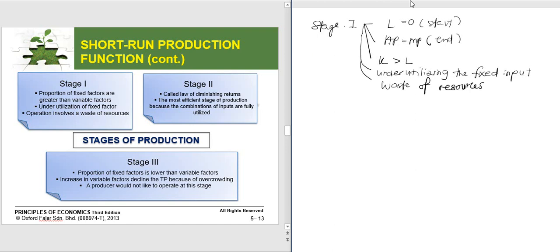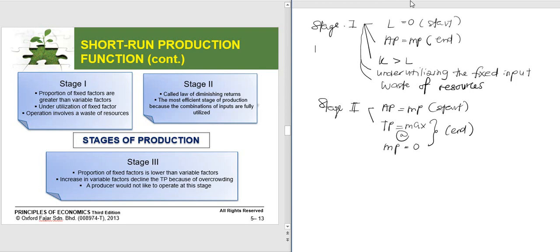Alright. And then stage 2. Stage 2 actually starts when average product equals marginal product. And then it will end when total product reaches maximum, or marginal product becomes 0, meaning there will be no additional production obtained from adding more units of labor. So this is where stage 2 ends. Okay, so what happens at stage 2?